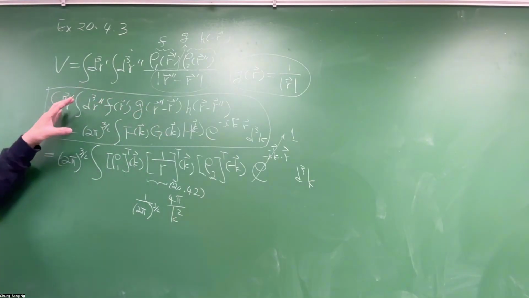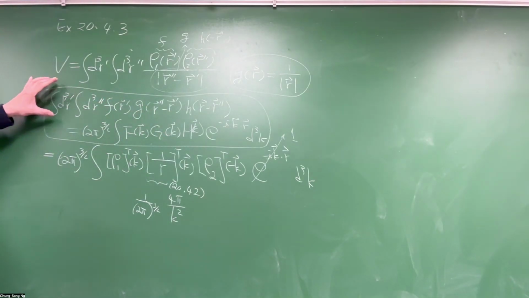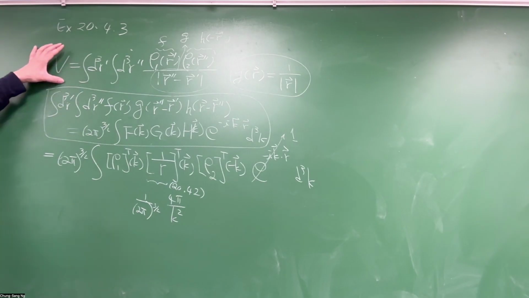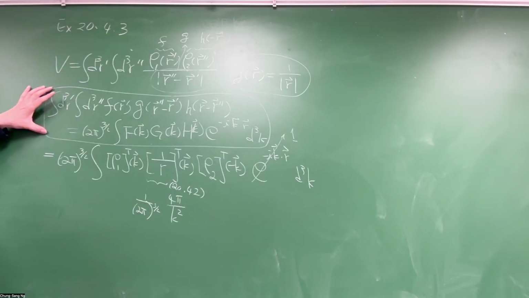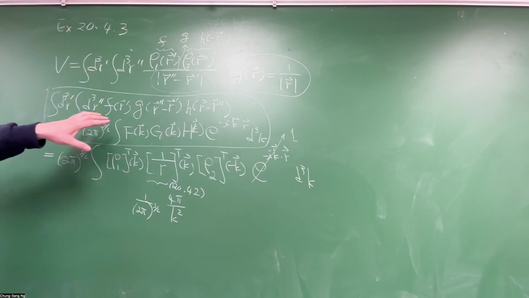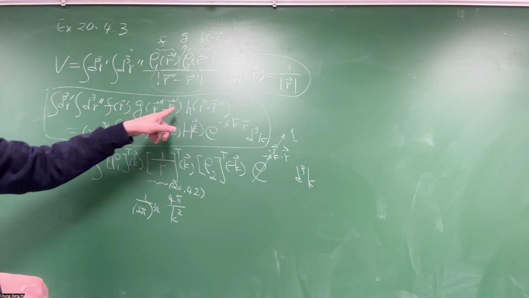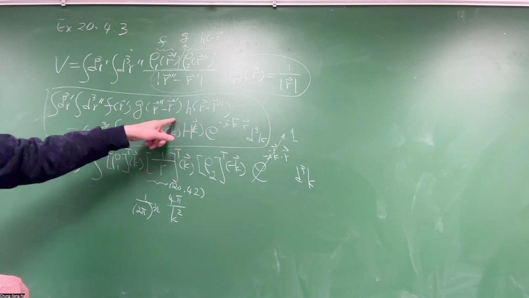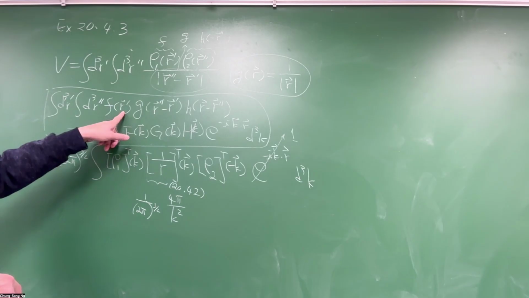This is just again the form of how you define a convolution, right? And this is the expression given to you. You just want to compare this expression with the standard form of your definition. And the definition calls for three functions f, g, and h, right? Evaluated at different arguments. For the f function, this is r prime.